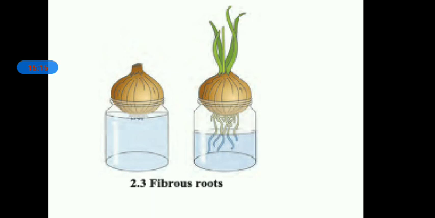Now, other than the taproot and fibrous roots, there are a few more types of roots, called modified roots. This means some modifications are made to the roots for performing other functions besides the prior functions. What are the main functions of roots?